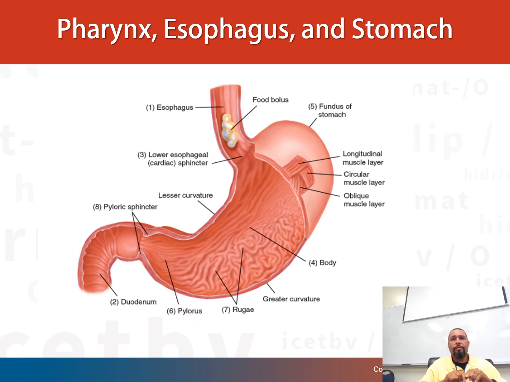The interior lining of the stomach is composed of mucous membranes and contains numerous microscopic longitudinal folds called rugae, R-U-G-A-E, that gradually unfold as the stomach fills. I don't know how you say it, so that's on me. Located within the rugae are digestive glands that produce hydrochloric acid and enzymes.